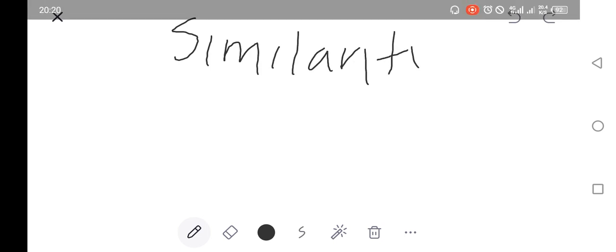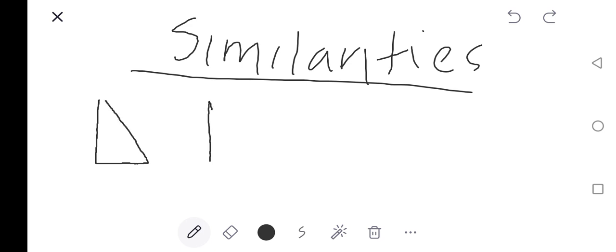So from the topic similarities, it talks about things which are similar to one another. If I have a small triangle here, I may have a big triangle which is similar to it. They are not of the same size, but they are similar the way they are looking.